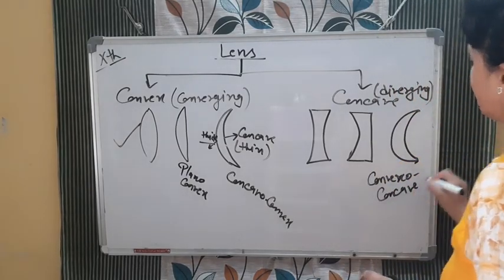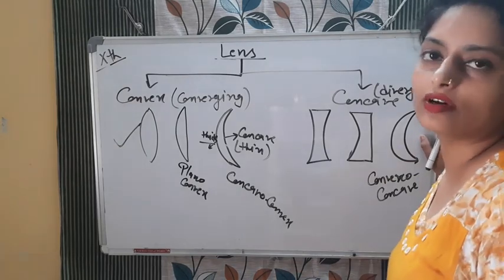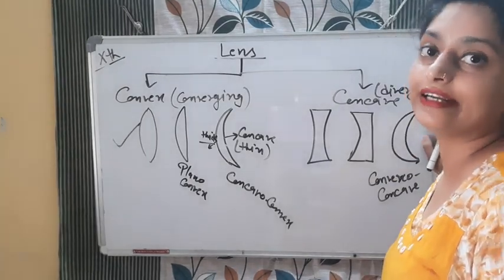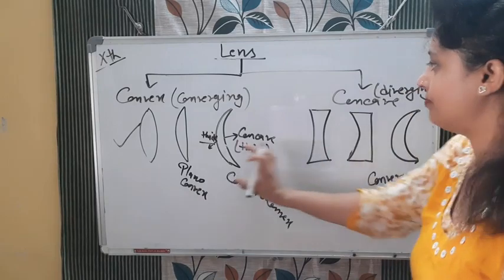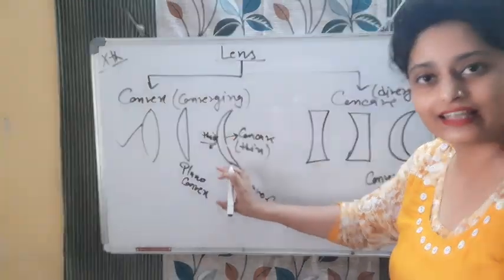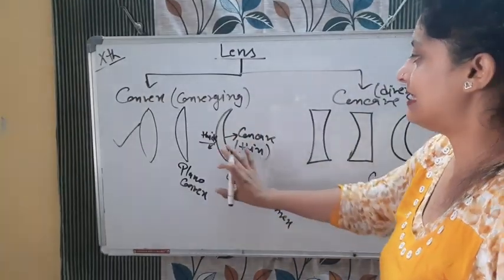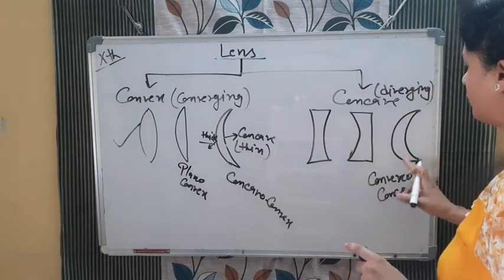Convexo-concave. Again, the side that will be thicker will be convex, and the side that will be thinner will be concave. In this kind of lens, it is not a mirror, it is a lens. Okay, so concavo-convex and convexo-concave.